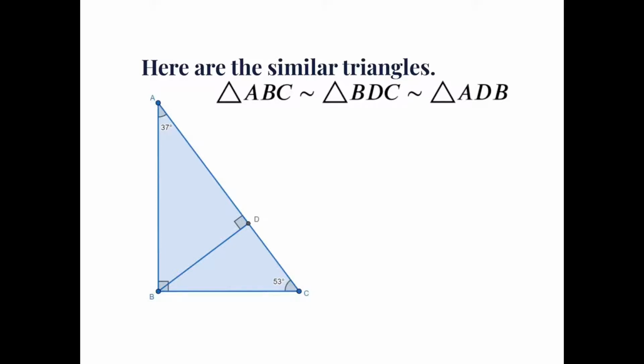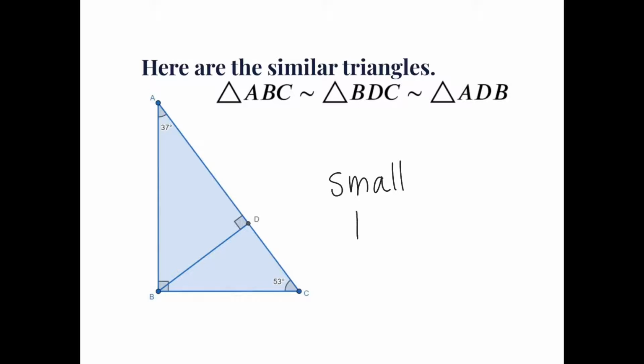Okay, so the small triangle, triangle BDC, if I were to redraw the small triangle, I would flip it. So this small triangle, if you can imagine, it's basically going to need to have a reflection and then a rotation.